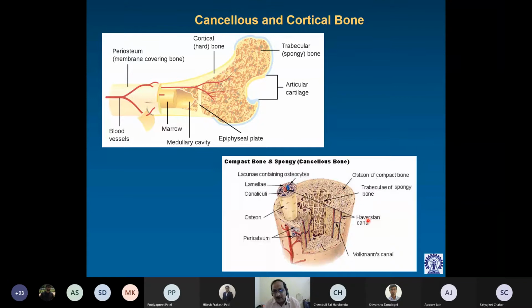And inside you have canals, you have blood supply. So this, in a way, is a very complex structure that supports your body weight and different kinds of forces that the skeleton is actually subject to during different kinds of physiologic movement.